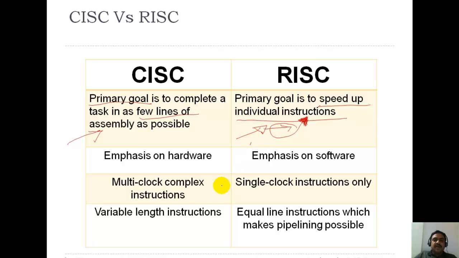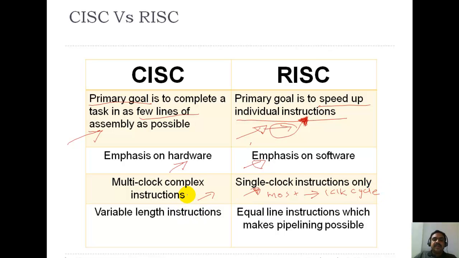In CISC the emphasis is on hardware, and in RISC the emphasis is on software. Multi-clock complex instructions in CISC, single clock instructions only in RISC. This is what I was saying. Since RISC has single word, simple instructions, most of the instructions can be executed in one clock cycle.